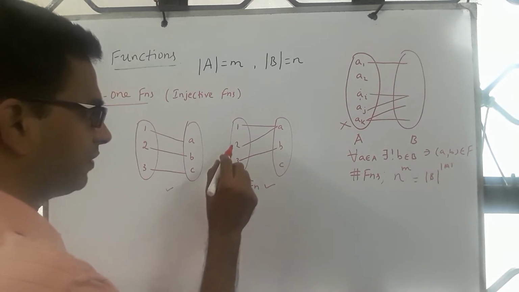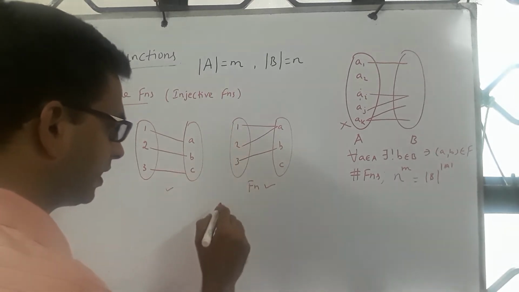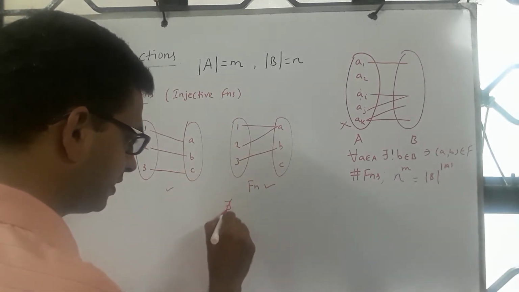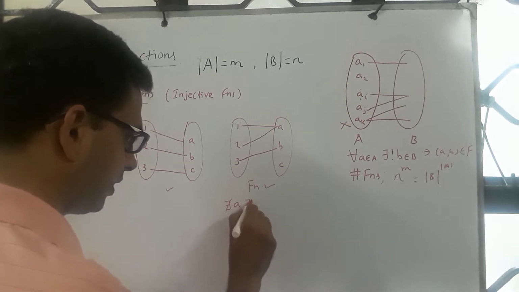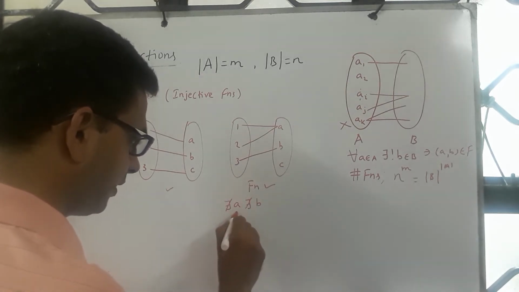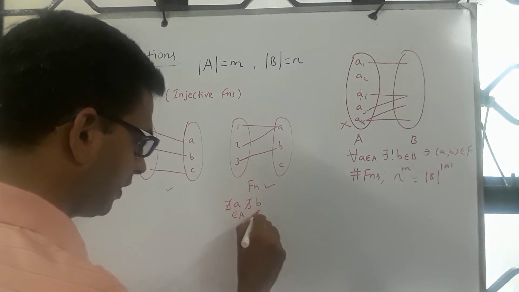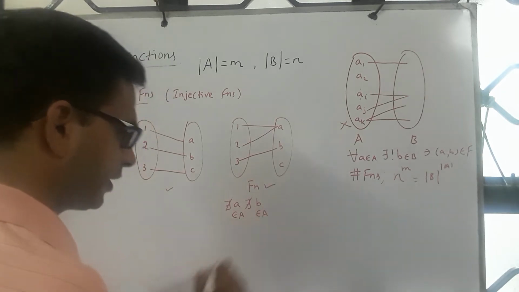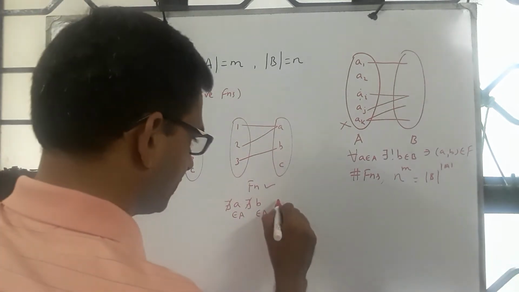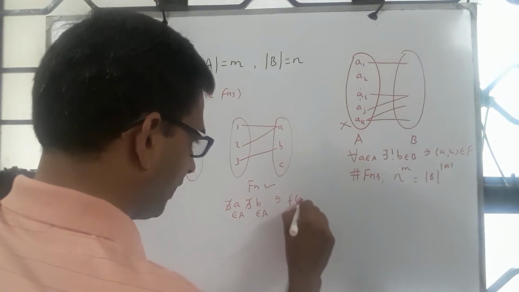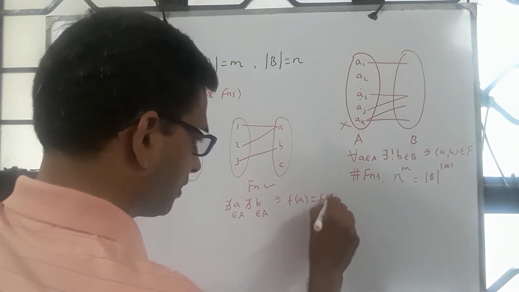So the one-to-one function demands that there does not exist a, b belonging to A such that f(a) equals f(b).